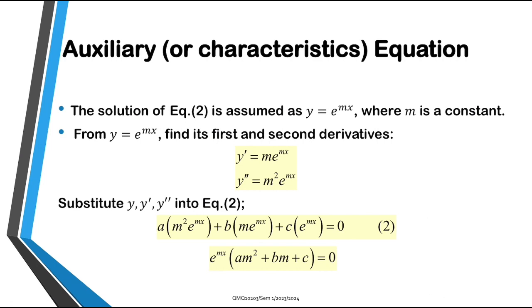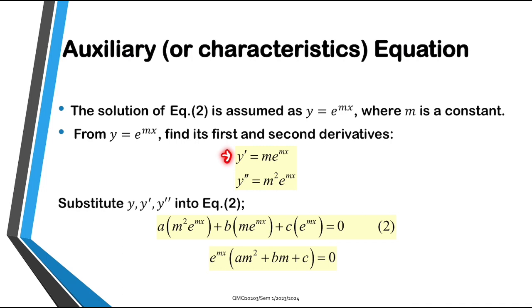The solution of equation number 2 is assumed as y equals e to the mx, where m is a constant. You can prove that the solution is y equals e to the mx. From this solution, we can find its first and second derivatives.